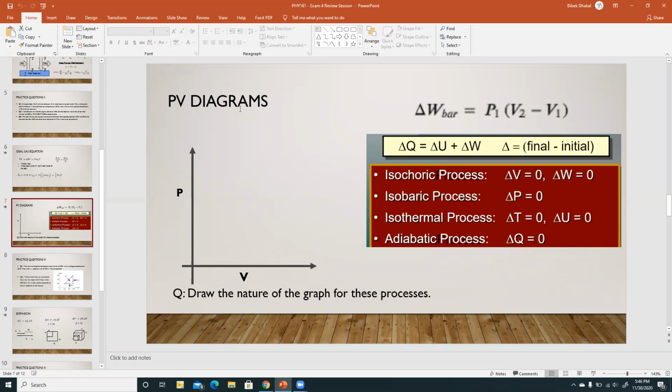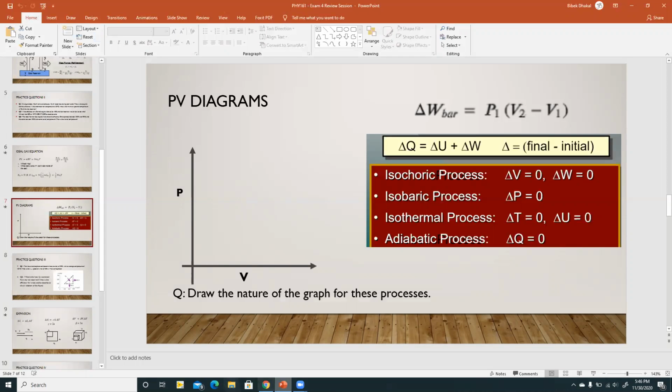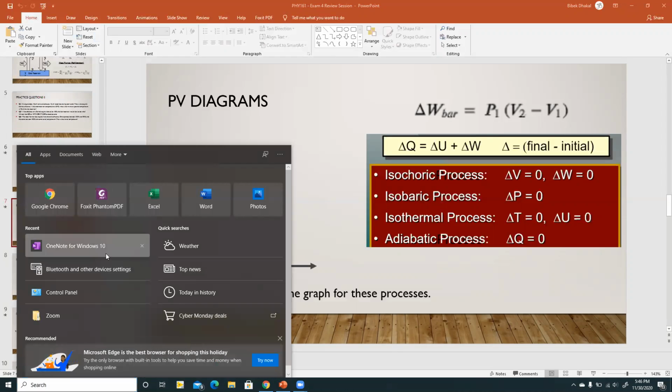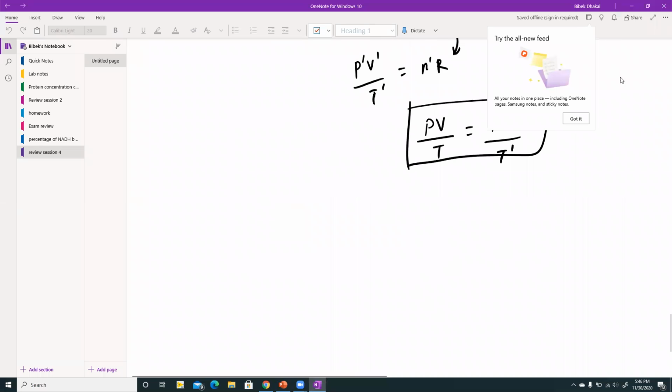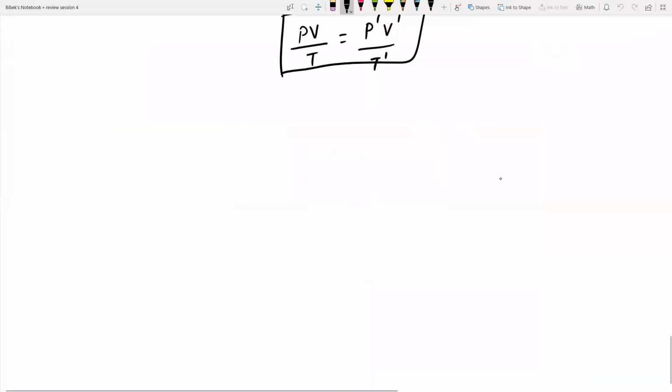So how do we draw the PV diagram, the pressure volume diagram, for this kind of process? It's a very important diagram, and I have seen many problems involving these diagrams.